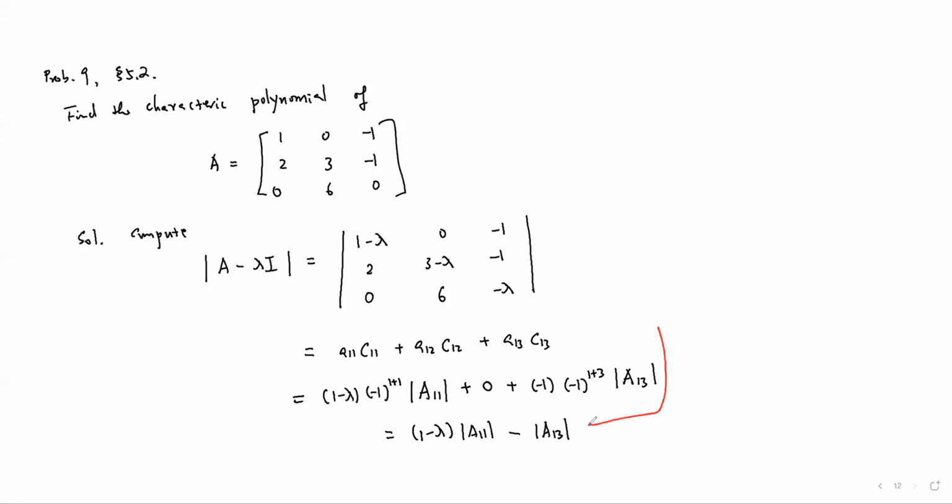Now continue here. This is 1 minus lambda times capital A11, delete first row, delete first column, minus capital A13, delete first row, delete the third column.